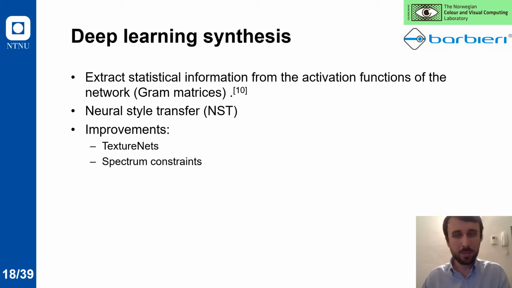By Liu and colleagues, who applied spectrum constraints to account for regularity of the input image, and for a similar aim by the Deep Corr network, which uses deep correlation matrices to achieve the same goal.